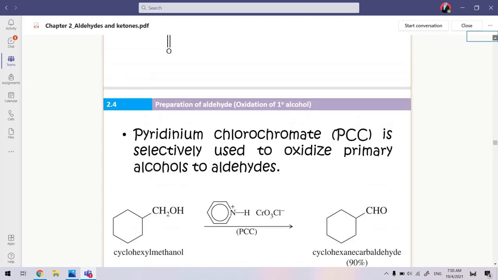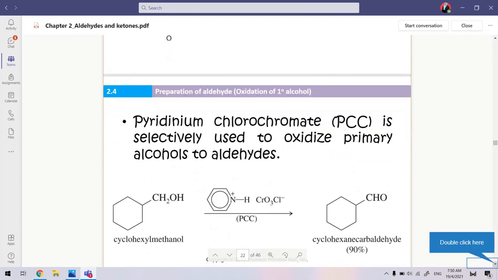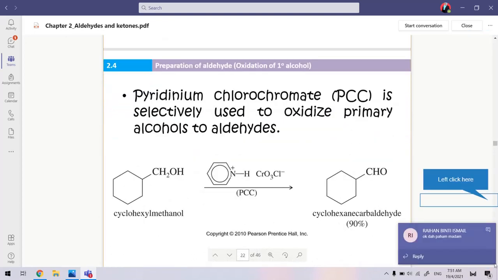Okay, we continue with the preparation of aldehyde. So aldehyde can be prepared from the primary alcohol. Why do we call it a primary alcohol?